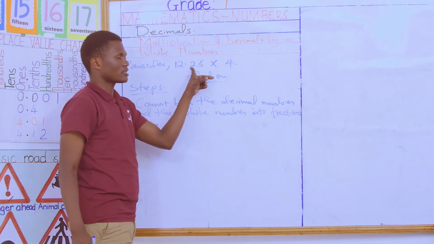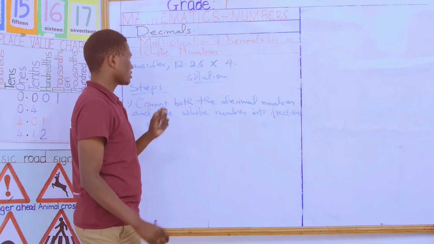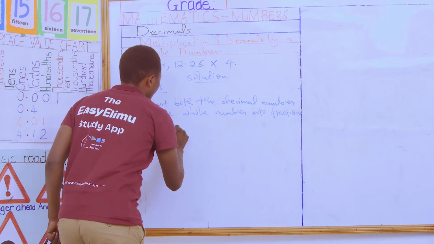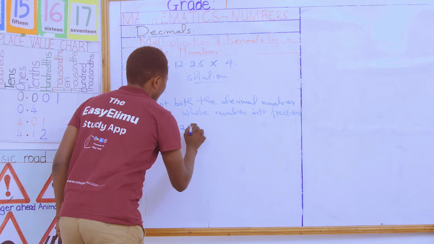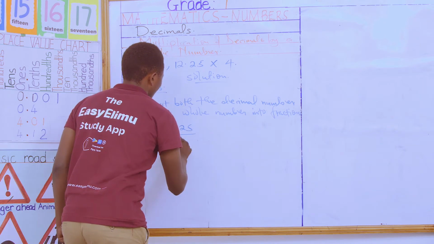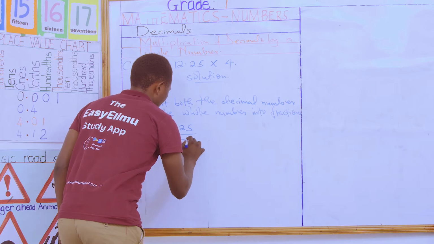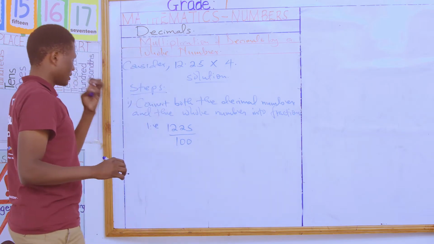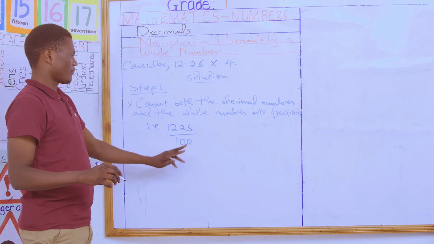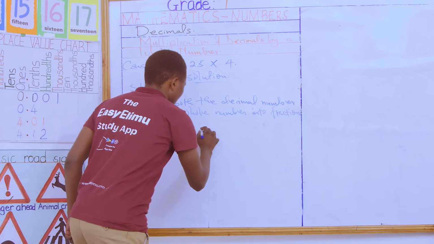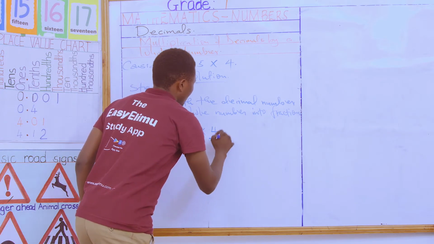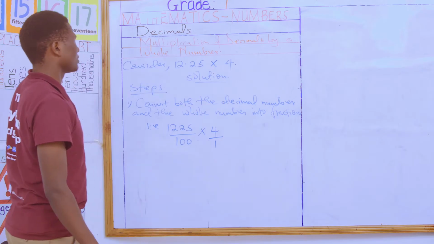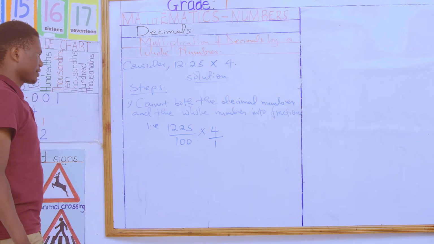How many decimal places do we have? 2. So that means that 12.25 as a fraction is written as 1225 over 100 times 4. Of course, that's a whole number. We simply give it a denominator of 1.